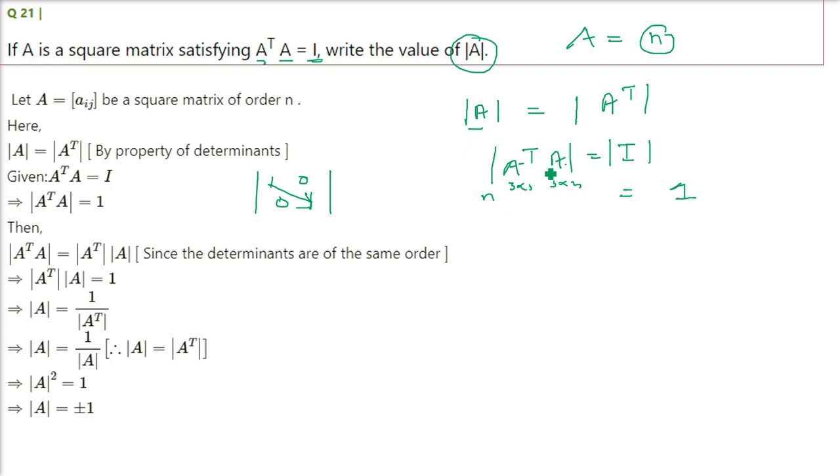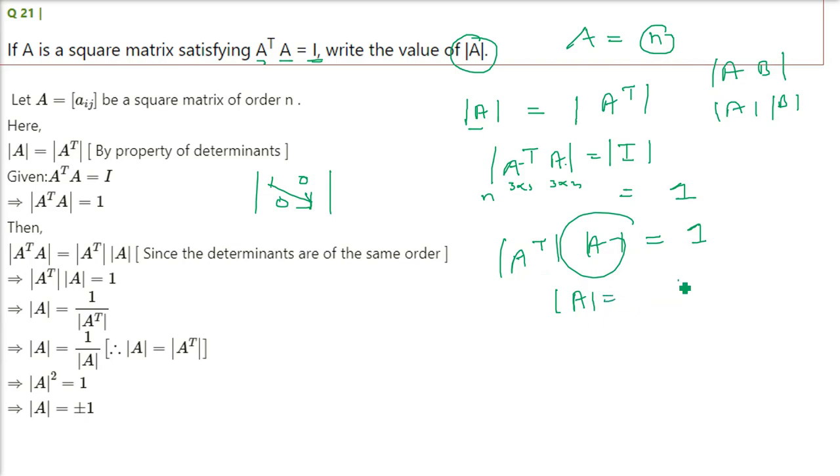Okay. The determinants are of the same order. And we know that the determinant of A into B can be written as the determinants of A and B separately multiplied. That is, the determinant of AB will be determinant of A times determinant of B. So how are we going to write? The determinant of A transpose and determinant of A equals 1. Okay. That is, the determinant of A is 1 over the determinant of A to the power 3.